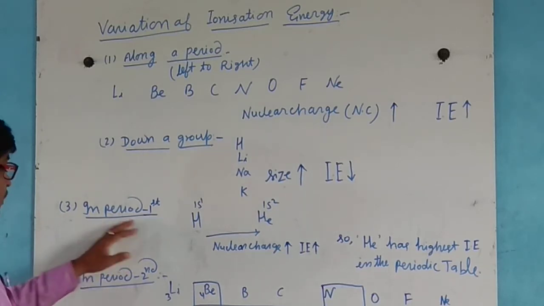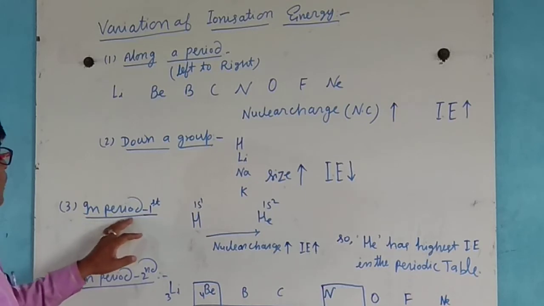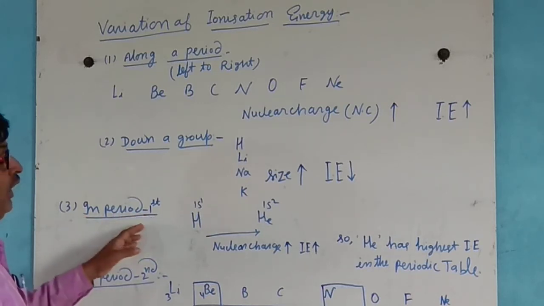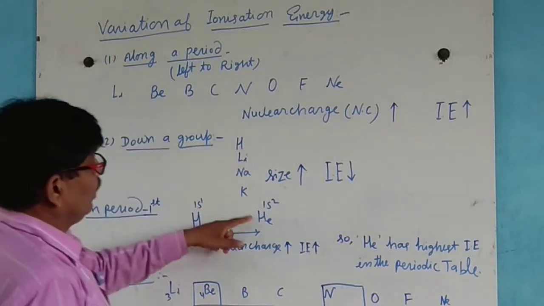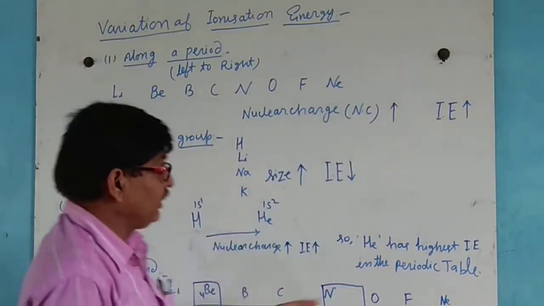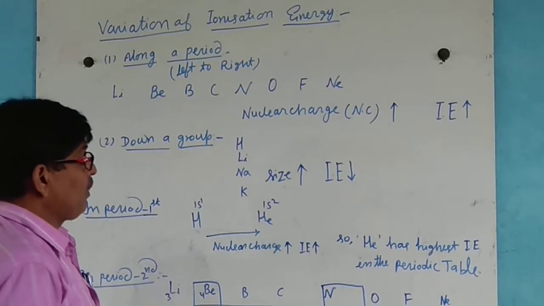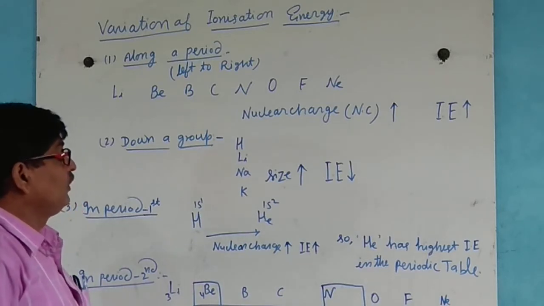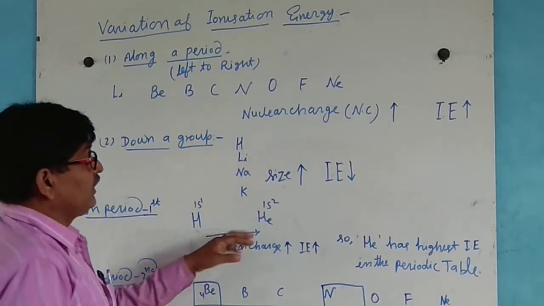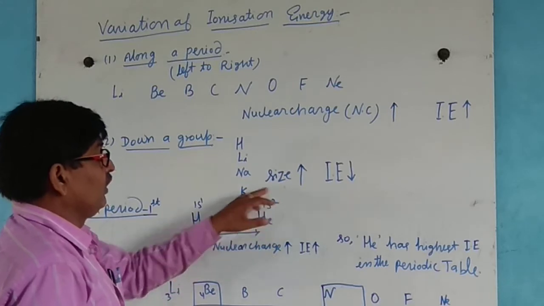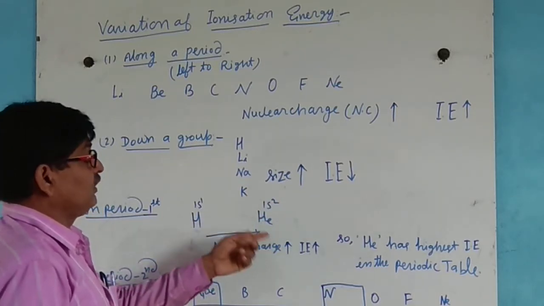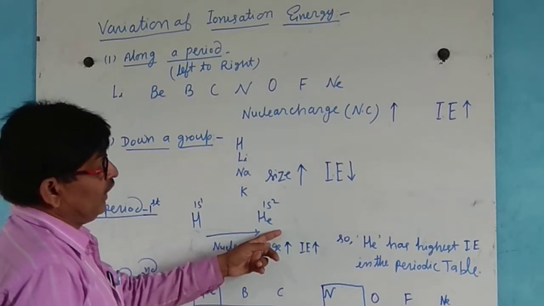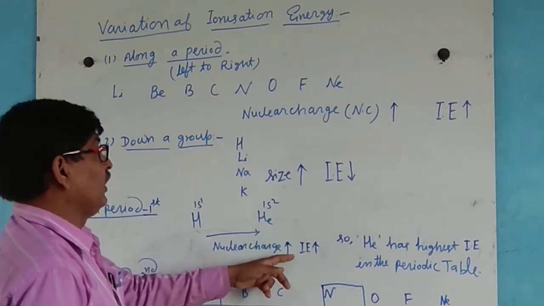along the period. In the first period there are only two elements. One is hydrogen, and the other, at the last stage, is helium. Here, the nuclear charge of helium increases, so ionization energy also increases.